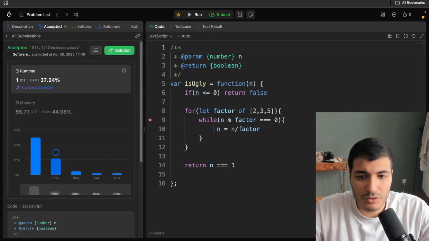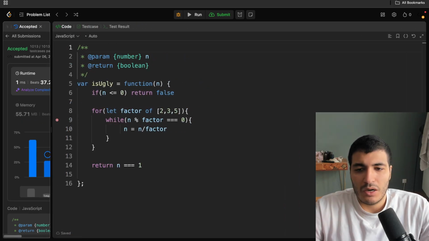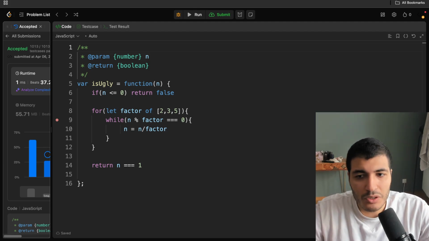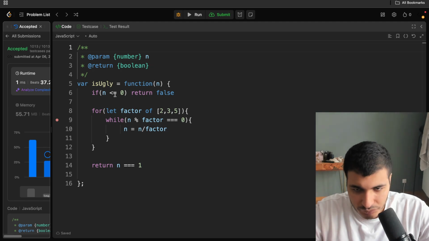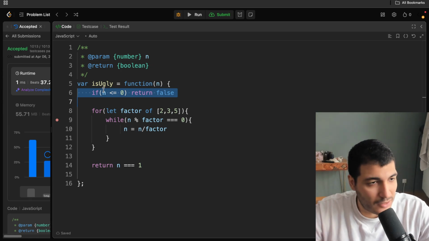Okay, so let's focus on the solution in detail. A number is considered ugly if it's a positive integer whose only prime factors are 2, 3, or 5. Here the function is defined. This line is basically saying the ugly number must be positive, and if n is 0 or negative, it's not ugly at all, so return false.